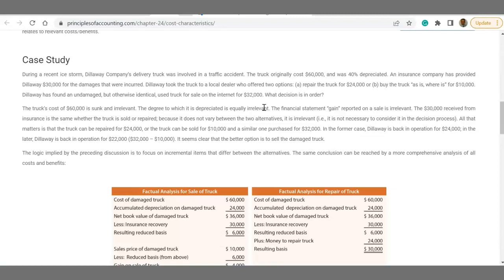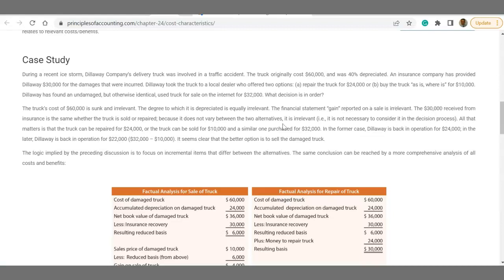It has a book value at this point, and they have to consider what they want to do with this damaged truck already. The financial statement gain reported on sale is irrelevant. If they want to sell the truck, that's all okay. If they sell it for a gain or loss, that's also irrelevant.